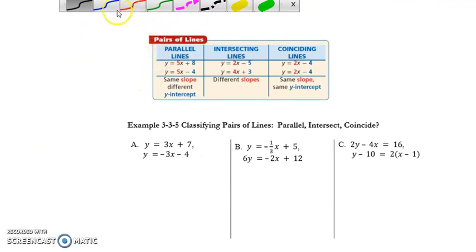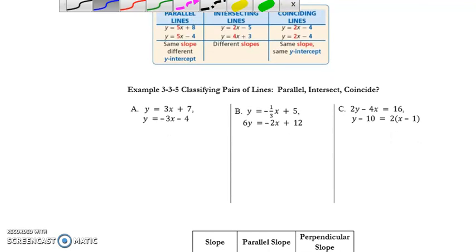So flipping to this next page, we're going to look at these lines and compare and see if they are parallel, intersecting, or coinciding. So the difference is parallel lines have the same slope, but they have different y-intercepts, so they're not the exact same line. Intersecting lines have different slopes. They just intersect. There's no relationship really beyond that.